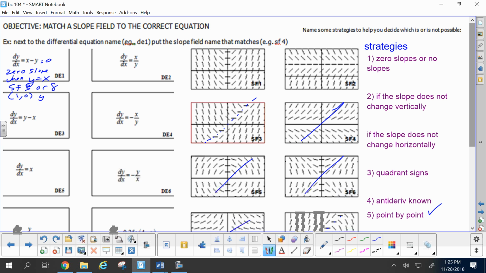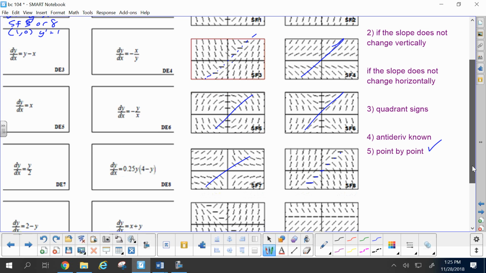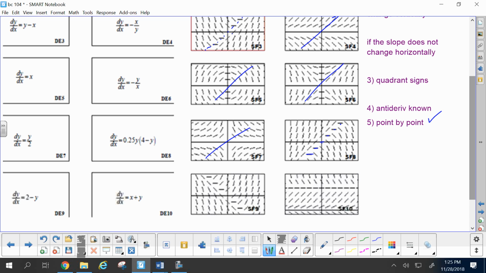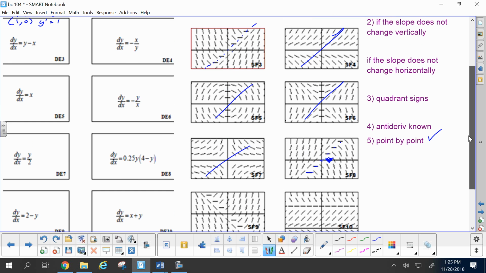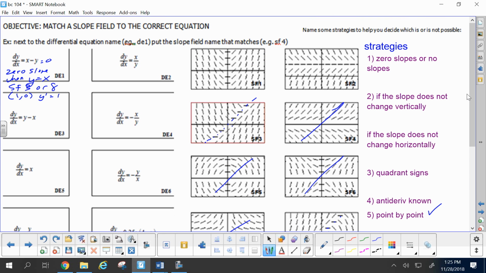Okay, the slope is 1. Now, which of those two choices at (1, 0) has a slope of 1? This guy looks like it has a slope of 1. Slope field 3 does. But slope field 8 looks like at (1, 0) it has a slope of -1. That's a no. All right? So just by choosing a point after you've narrowed it down, you can go with slope field 3. Are you with me? All right?